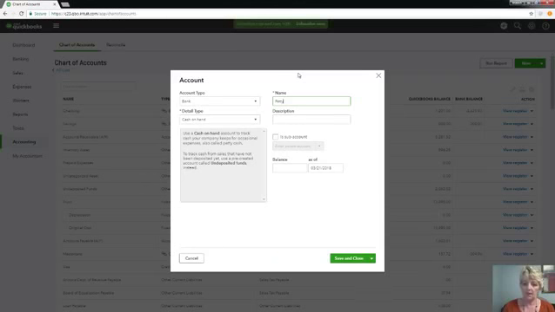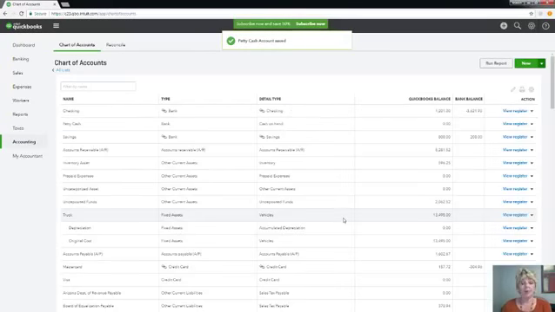Now you may ask why we need to know what to do with cash money. Maybe a client pays you in cash and you just put it in the drawer at the office, and then you decide to go buy lunch, or buy office supplies with the cash that came in. You still need to record the cash in and the cash out.